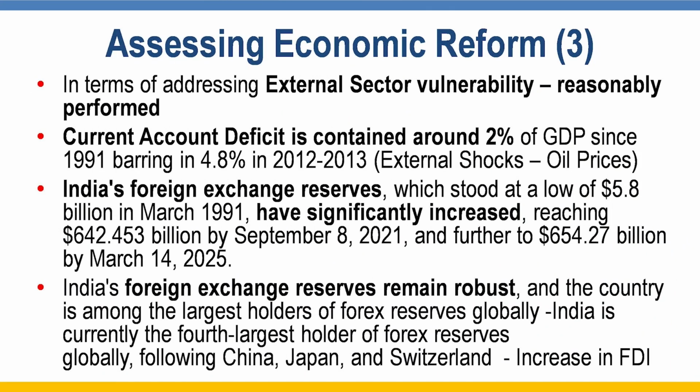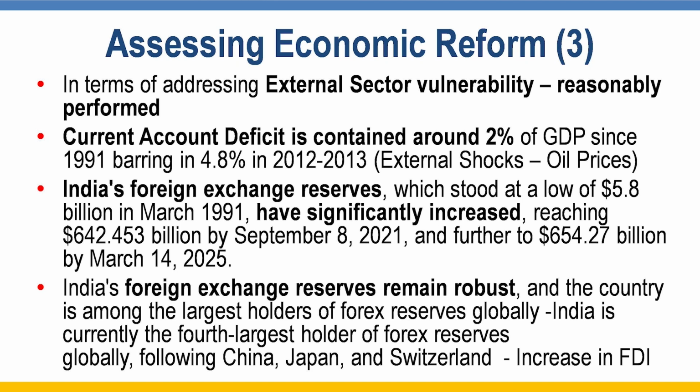The third question was whether, in terms of addressing external sector vulnerability, the reforms were successful. Here again, we have to say that yes, we have done reasonably well in terms of the external sector as well.